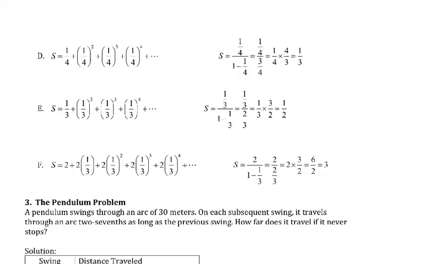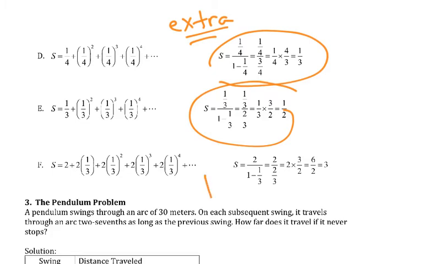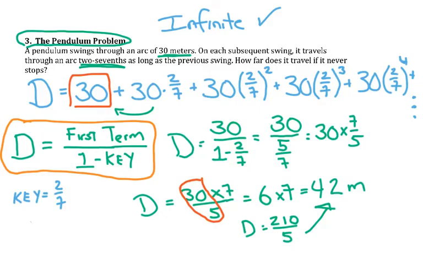Now these last 2 pages are just extra for you to practice, and you have the answers over here. Here's another. This is the pendulum problem that we just worked, done in detail for you. So you are ready to do the homework now on Canvas, and let me know if you have any questions.